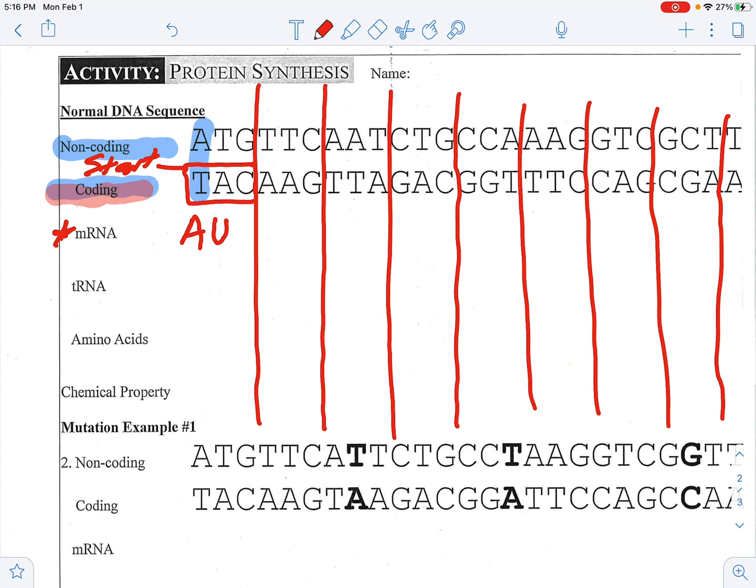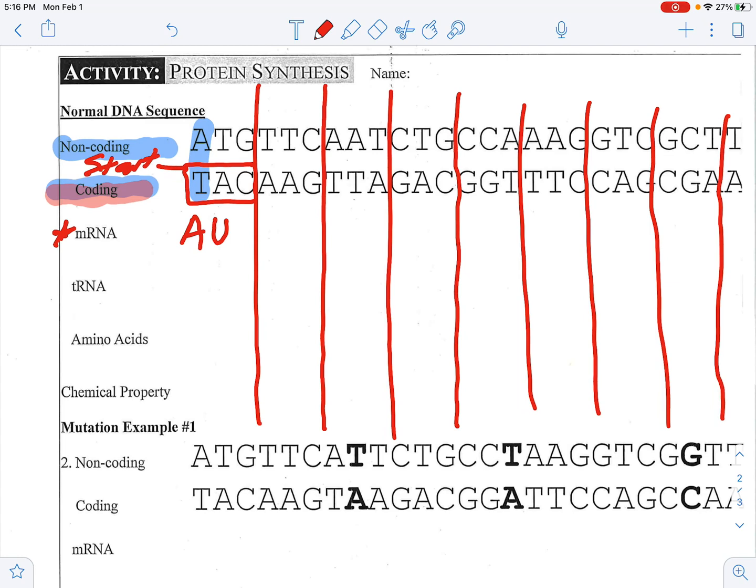Okay, the language of RNA has U's, no T's. So I kind of think about RNA like the Hawaiian language, and in reality, there are no T's in the Hawaiian language. That is the thing that makes the language of RNA different than the language of DNA.